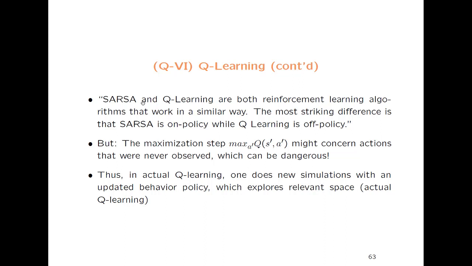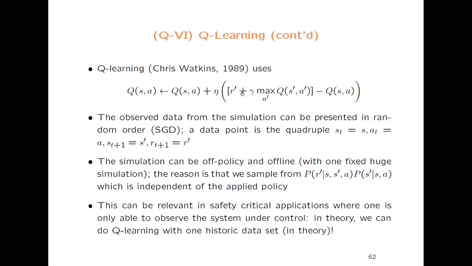I might have gotten it from Wikipedia, I don't remember. SARSA and Q-learning are both reinforcement learning algorithms that work in a similar way. The most striking difference is that SARSA is on policy while Q-learning is off policy, because as I said, in this update equation it's not necessary that we follow a particular policy.